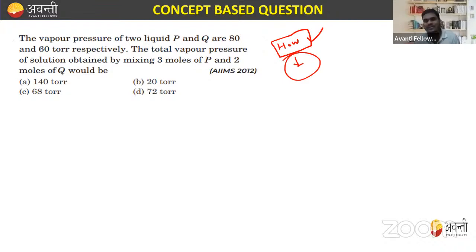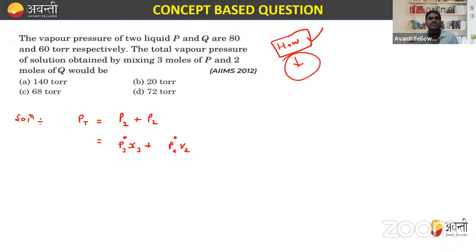To calculate the total pressure if you mix two liquids, PT is equal to P1 plus P2, and P1 plus P2 is nothing but P naught 1 into X1 plus P naught 2 into X2.